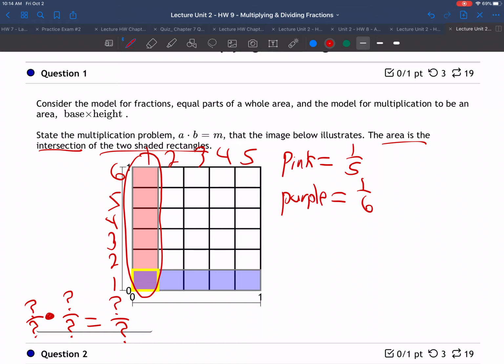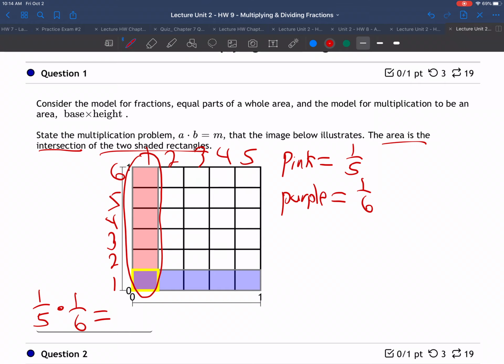The purple is 1/6 of the whole area for the sideways rows. So therefore, the fractions being multiplied are 1/5 times 1/6.